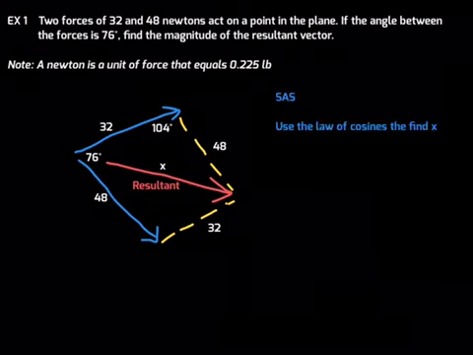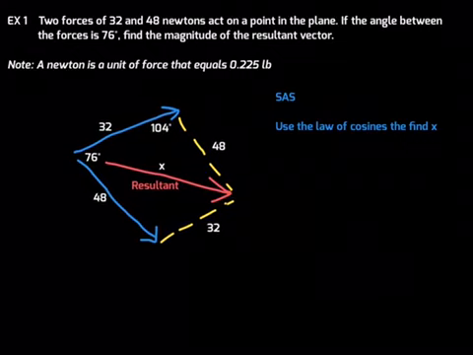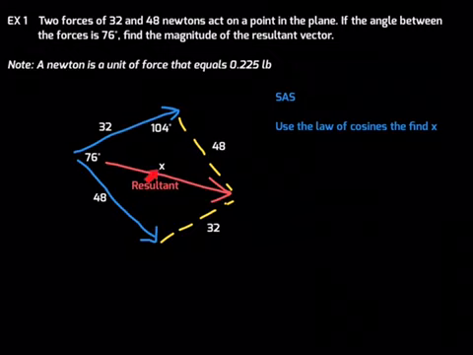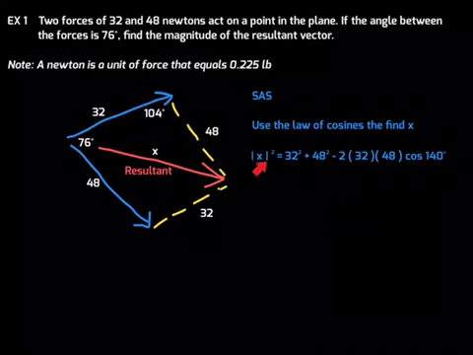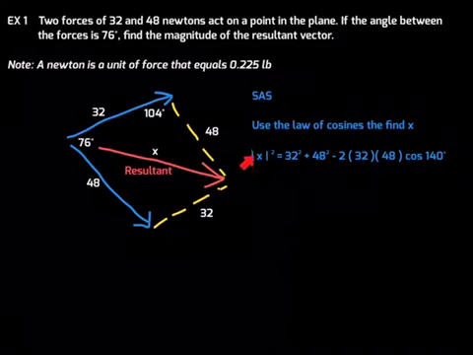So what we can do is use the law of cosines to find x, which I've labeled here, the length of this vector, the magnitude of this vector. It'll look like this. So what I have here is the magnitude of x, that's the magnitude of the resultant vector, which is the length of the vector, quantity squared, is equal to all of this, which is the law of cosines.